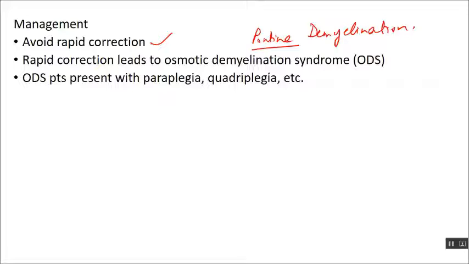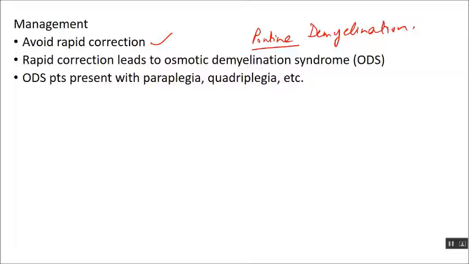Patients who have pontine or osmotic demyelination present with paraplegia, quadriplegia, even locked-in syndrome, and they can present a few days after you had treated them and discharged them home.